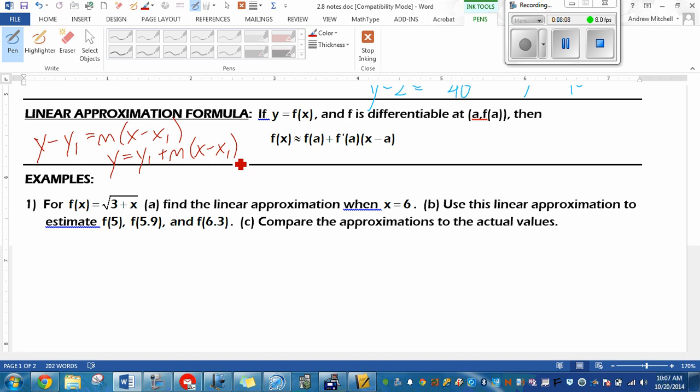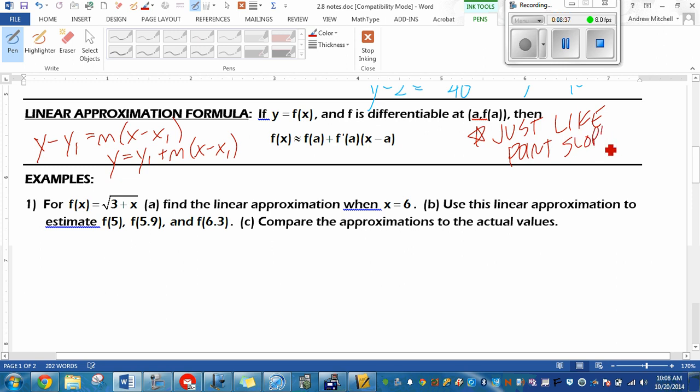If we put a in for x, that's what we get out. So that's our y value. Plus m, our slope, well, here the derivative. Derivative is slope, times x minus x sub 1. So x minus this x value. So really this is like point-slope form, only adding that y over to the other side. Right, so it's just like point-slope with the y added to the other side.